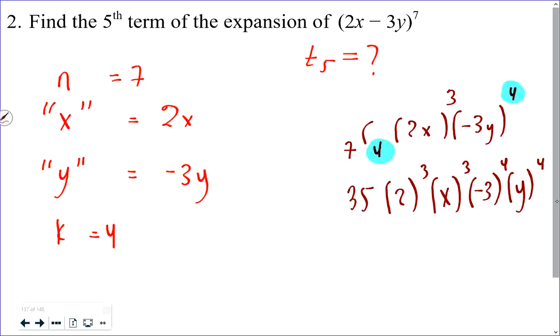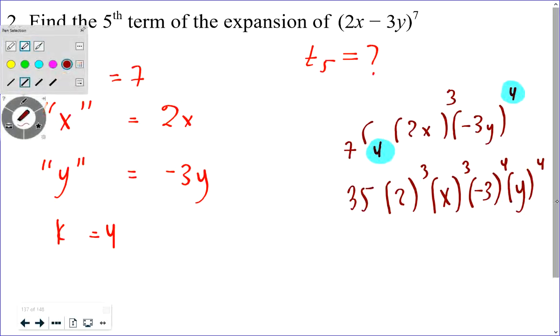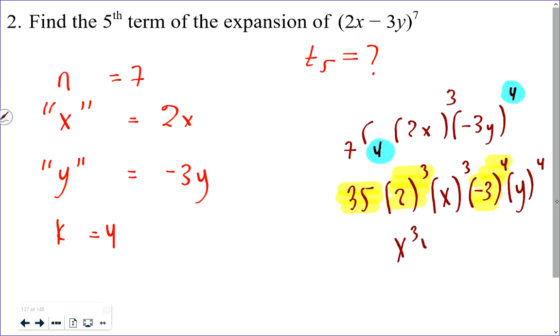But do you see that since x and y have numbers associated with them, that's going to build more to the coefficient? The coefficient of this expression is going to be this times this times this. The variable component will be x cubed y to the 4.